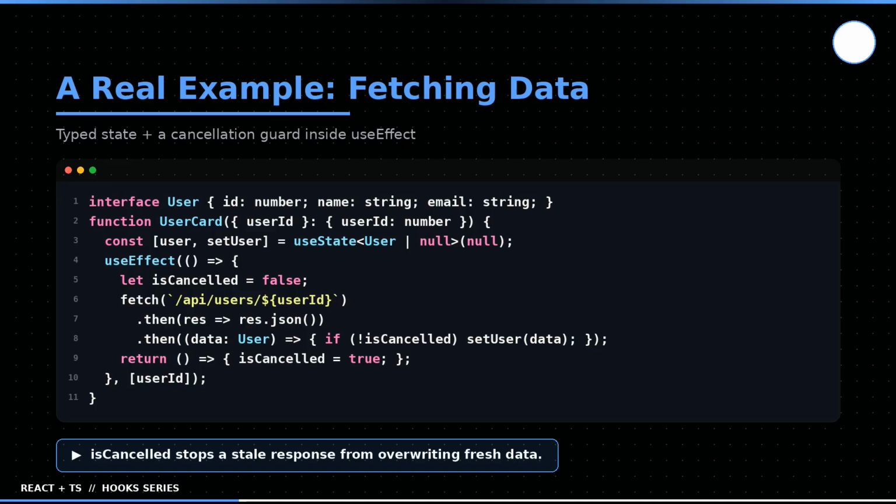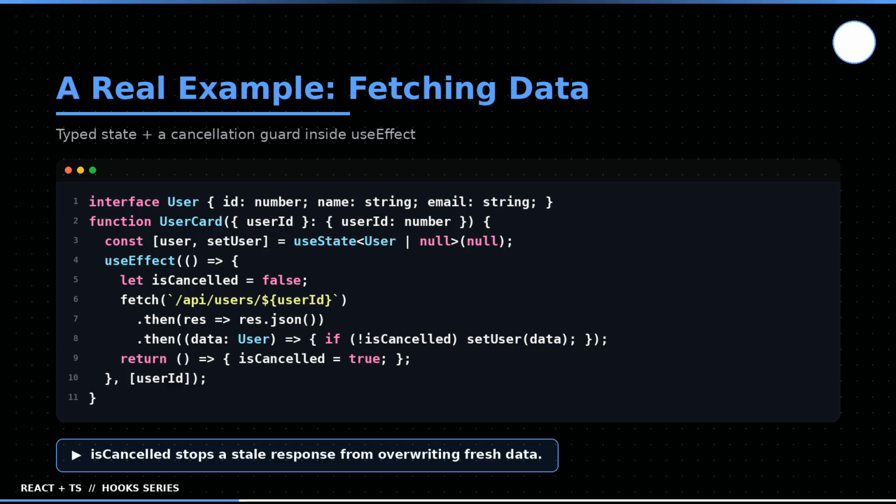useEffect, let isCancelled. Async function fetchUser. setLoading true, setError null. Try, const response is await fetch https://jsonplaceholder.typicode.com/users/userId. If not response.ok, throw new Error. Const data: User is await response.json. If not isCancelled, setUser data. Catch, if not isCancelled, setError err instanceof Error ? err.message : unknown error. Finally, if not isCancelled, setLoading false. Call fetchUser. Return, isCancelled is true. Then, if loading, return p loading.